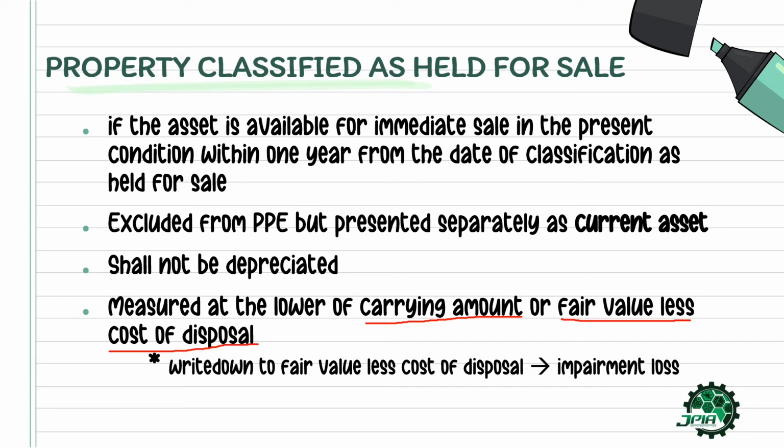Ito ay at the time of reclassification as held for sale. Okay? So, kung ito ang gagamitin nyo, kung mas mababa ang fair value less cost of disposal sa carrying amount, so yung write-down niya, kailangan natin siyang i-consider as impairment loss na ating i-re-record.